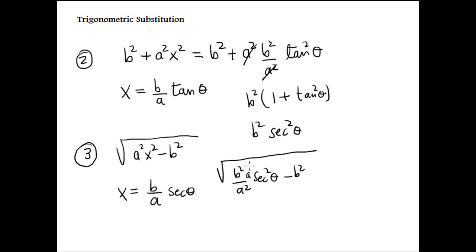Sorry, we have a squared here. This is cancelled. b is a common factor. I factor out of the radical, secant squared theta minus 1, which is tangent squared. So the expression is b tangent theta.